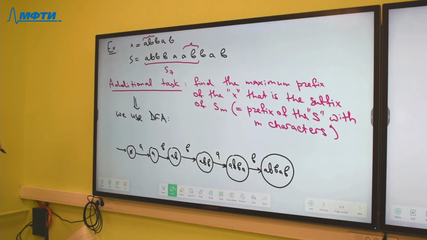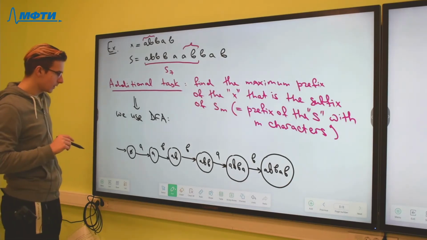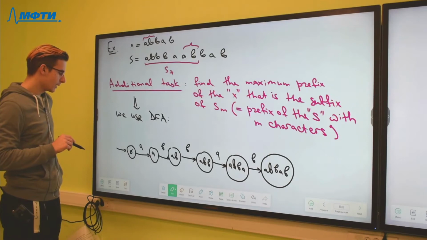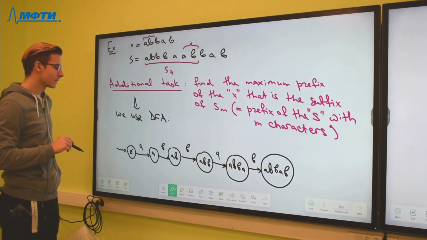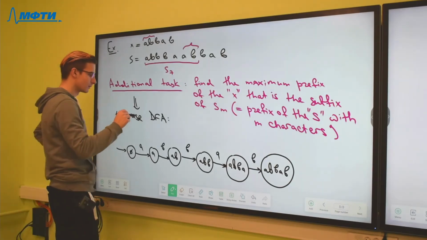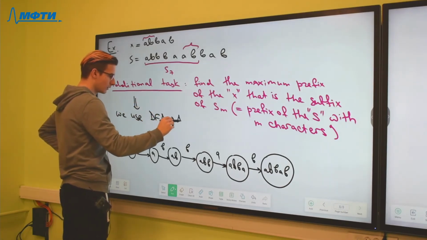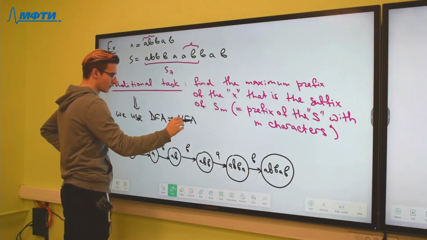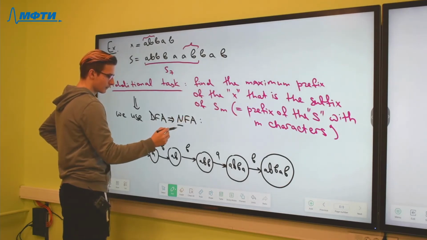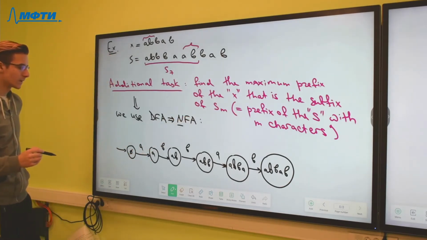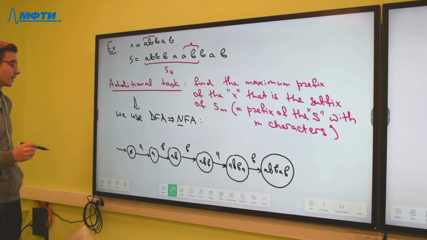And in this case, it is interesting that we need some additional edges that make this DFA into an NFA, a non-deterministic finite automaton.